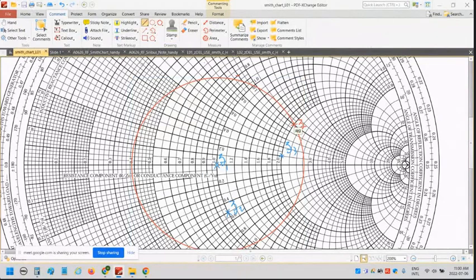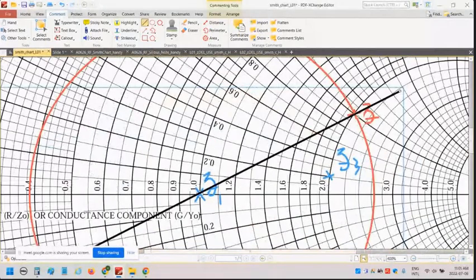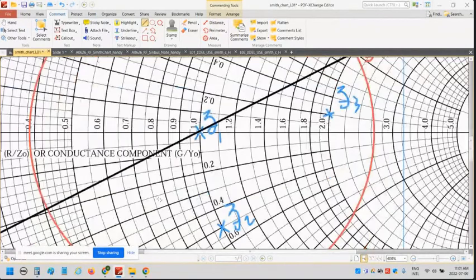The line must go through the center and also this point, Z. I zoom in. It must follow Z and the center here. So I just highlight this line.